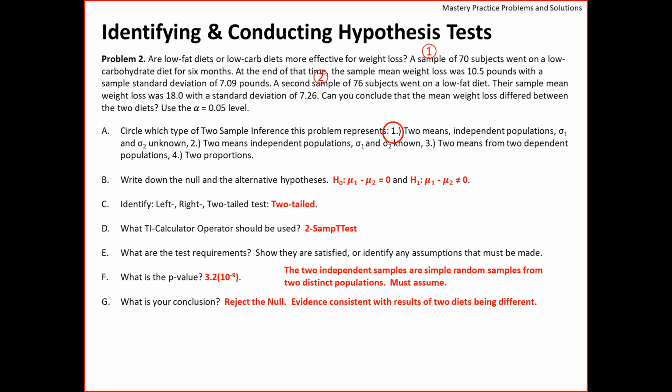All right, so what's the null? The null is that mu1 is equal to mu2, or mu1 minus mu2 is equal to 0. And what's h1? I had told you really to start with h1, so let's do that. Can you conclude that the mean weight loss differed? That just means mu1 minus mu2 does not equal 0. So we've got a two-tailed, 2 sample test.